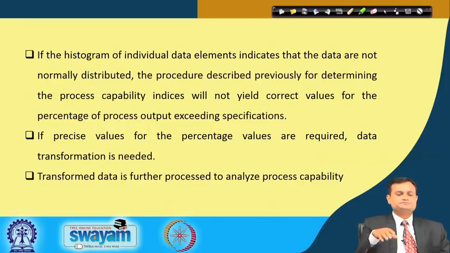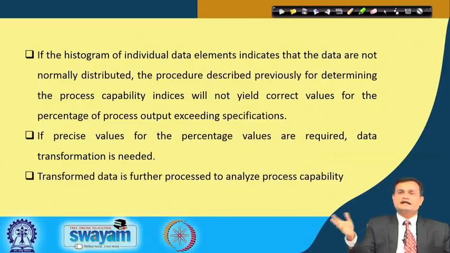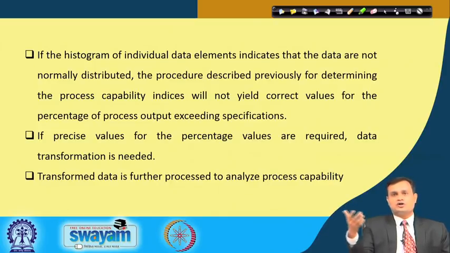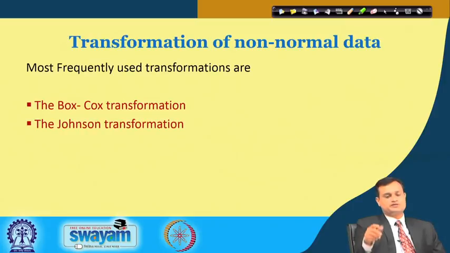You can first check through the histogram or normal probability plot whether your data is normal or not, and if you feel confident that yes, both indicate that my data is not normal, then you transform the data.